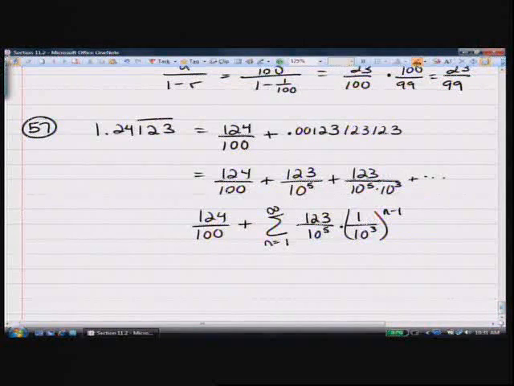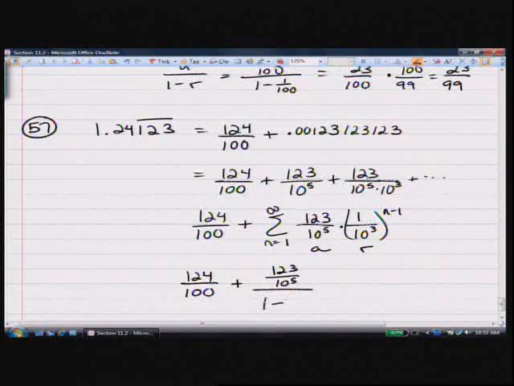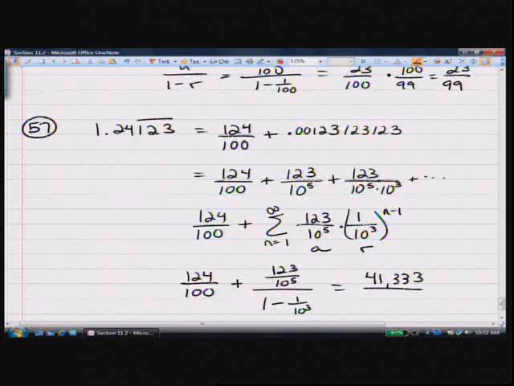That gets you the first one, the second one, the third one. So this is your R, and this is your A. Then this will be 124 over 100 plus 123 over 10 to the 5th over 1 minus your R, which is 1 over 10 to the 3rd. If you work all that out, you should get 41,333 over 33,300.